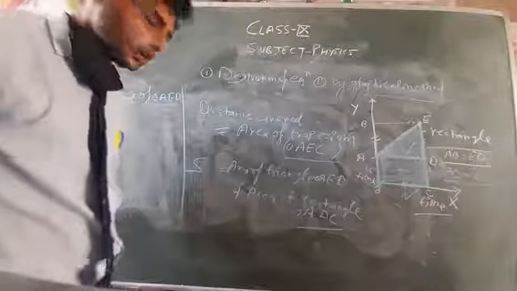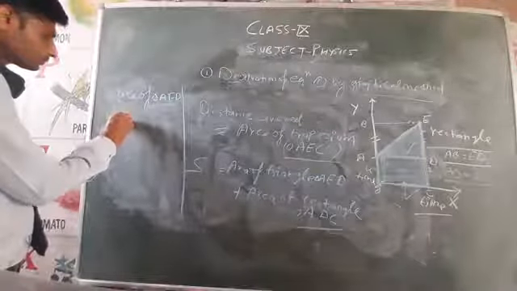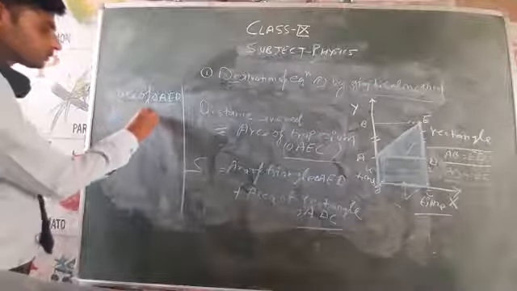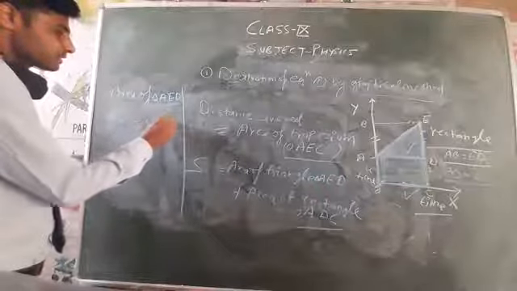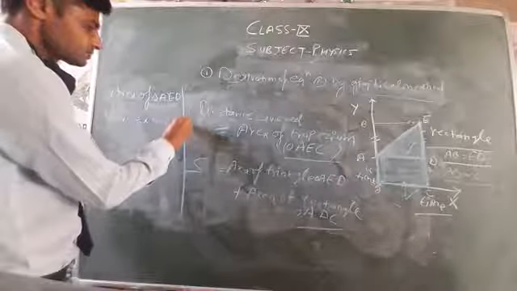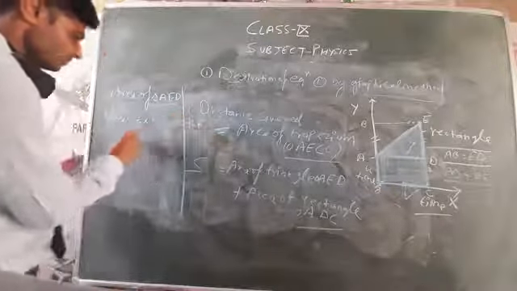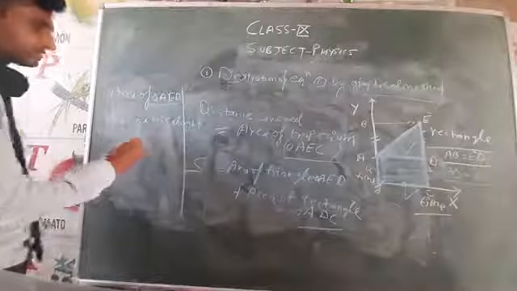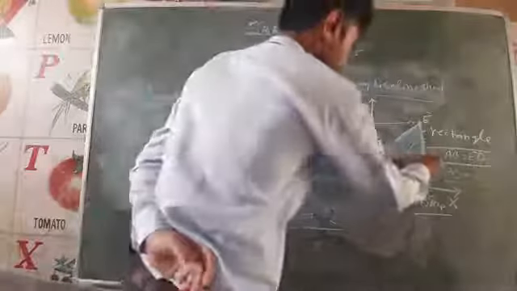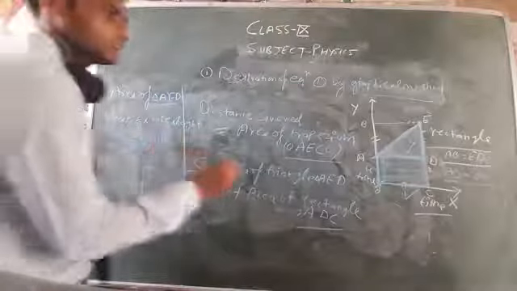So the area is equal to 1/2 base into height. Base is equal to AD and the height is ED.